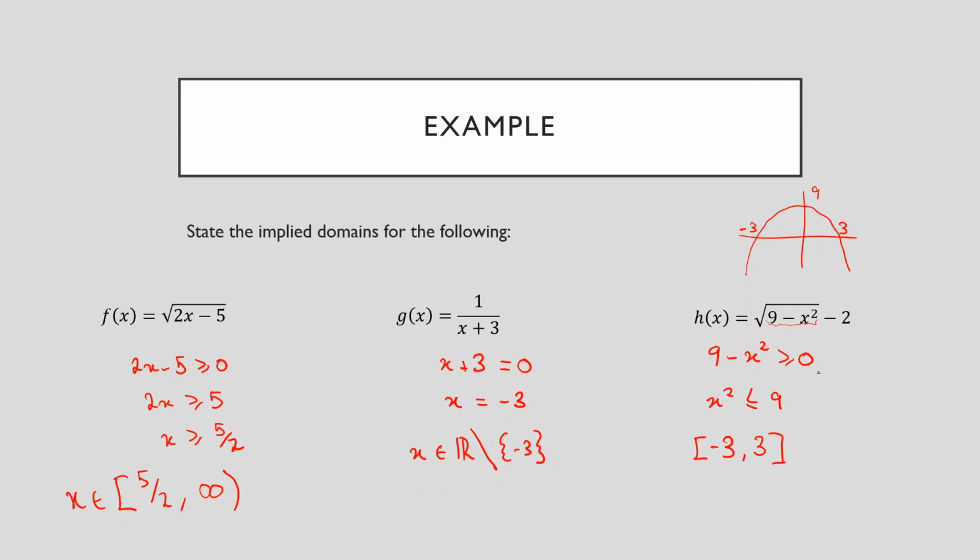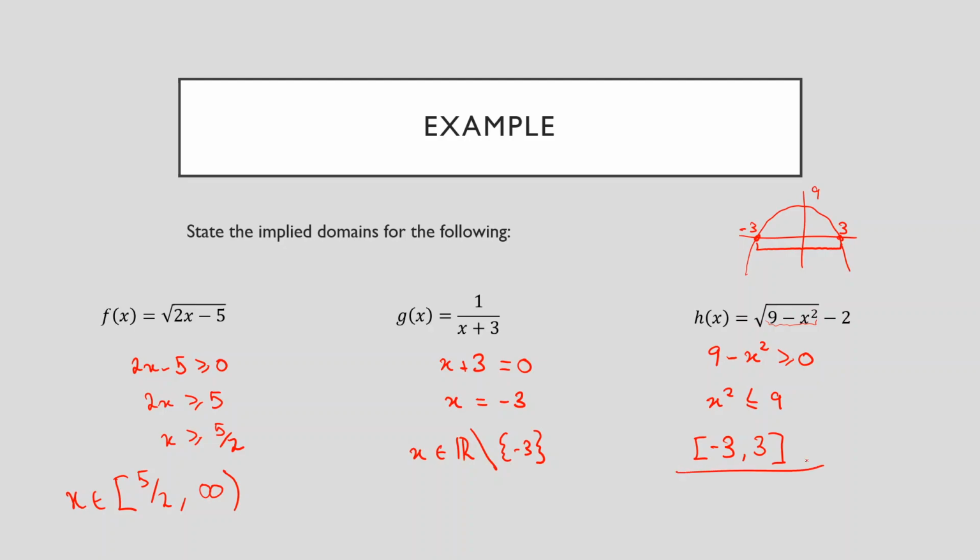It's greater than or equal to 0 on this interval here, between negative 3 and positive 3. Our graph is above 0. It's greater than 0. At negative 3 and 3, our graph is equal to 0, meaning that it's on the x-axis. So that interval there, between negative 3 and 3, including negative 3 and 3, that's where we get that answer from.